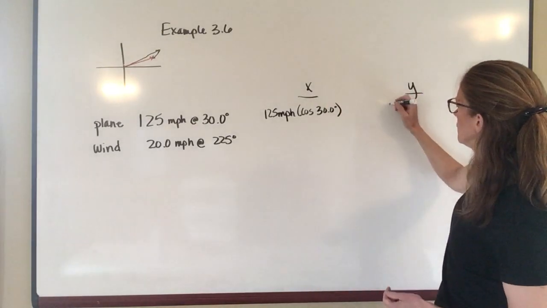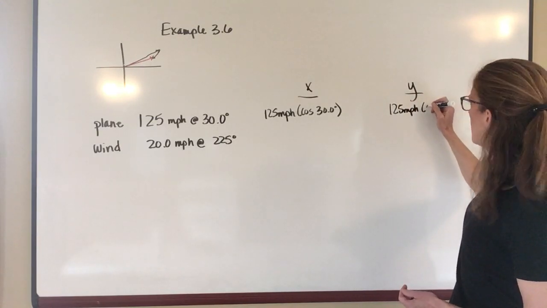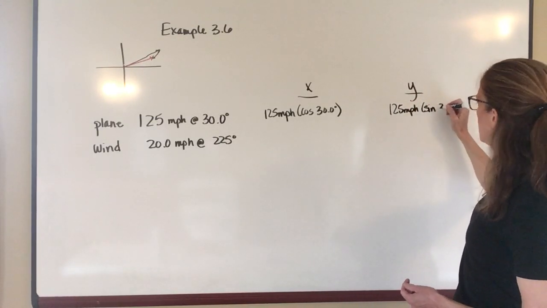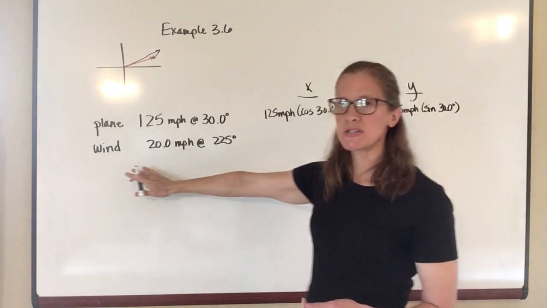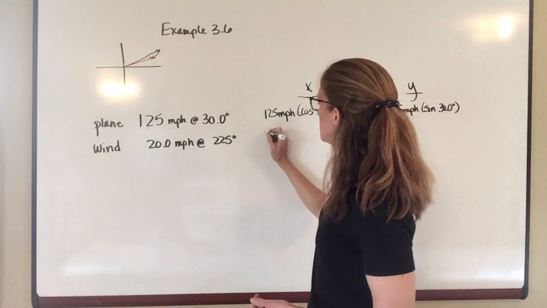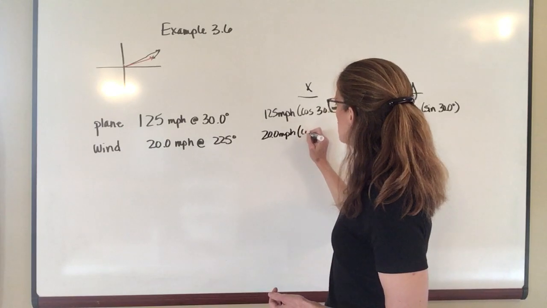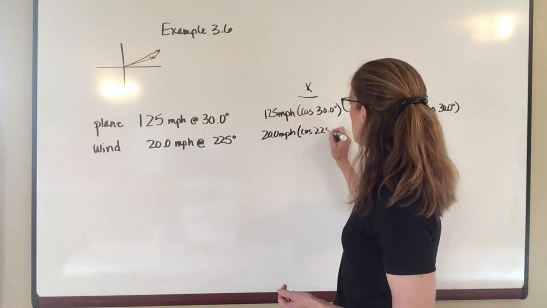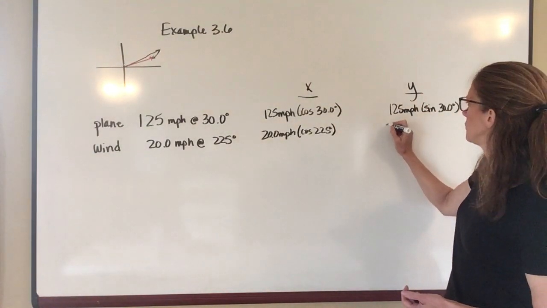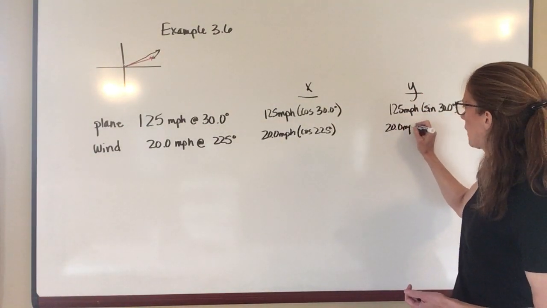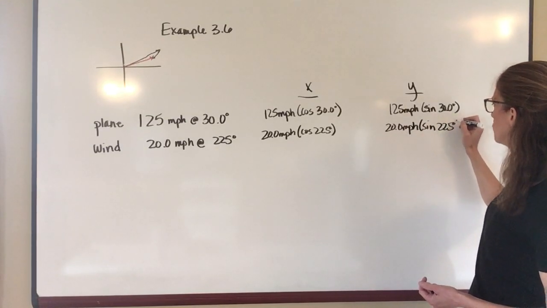And the y component is going to be 125 miles per hour times the sine of 30 degrees. Okay? I need to do the same thing for the wind. The wind is going to be 20 miles per hour times the cosine of 225 degrees. And over here, I'm going to have 20 miles per hour times the sine of 225 degrees.